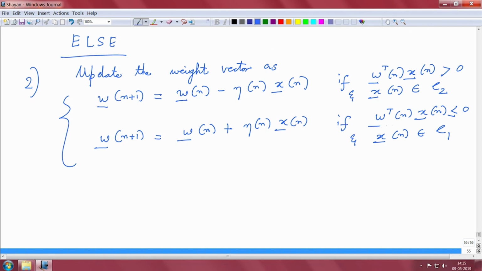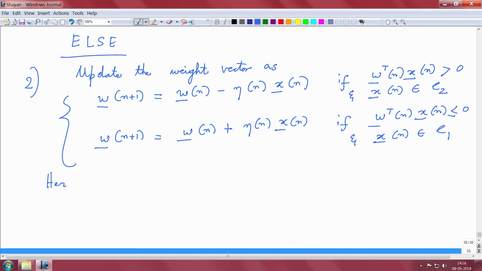Similarly, if the inner product was negative or 0 and the data point was belonging to class C1, then I have to add something to this weight aligned in the direction of xn, and that would be scaled by eta. So, there is going to be a plus sign here and a minus sign here. You have to see this carefully how this works.